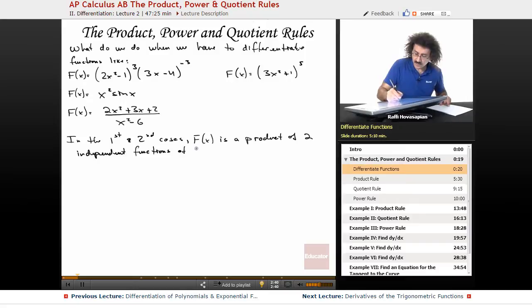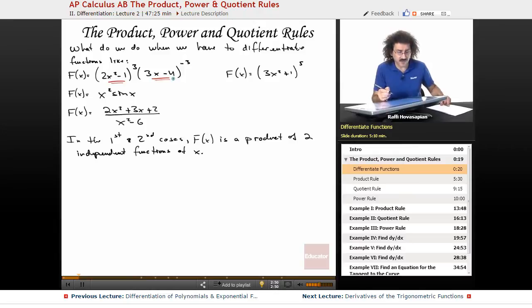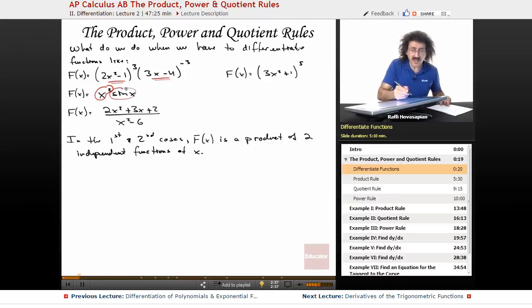We have one function, the 2x squared minus 1 cubed, and 3x minus 4 to the negative 3 is a separate function. In this case, we have x squared, which is an entirely separate function of x, and sine x, which is an entirely separate function of x, but they're multiplied together. How do we take the derivative of something like that?